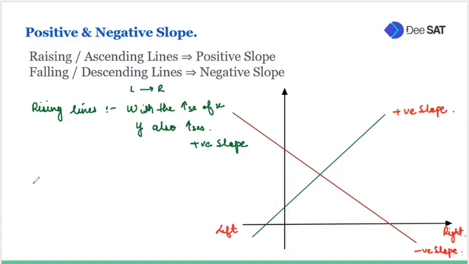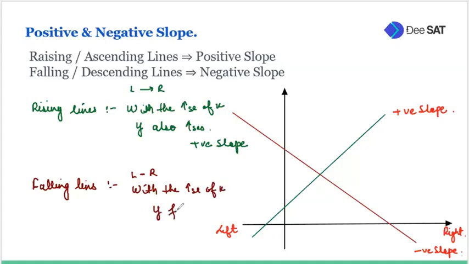And for the falling lines, going from left to right, with the increase of x, y falls. All those lines have negative slope. So that is how we can define any positive line or a negative line.